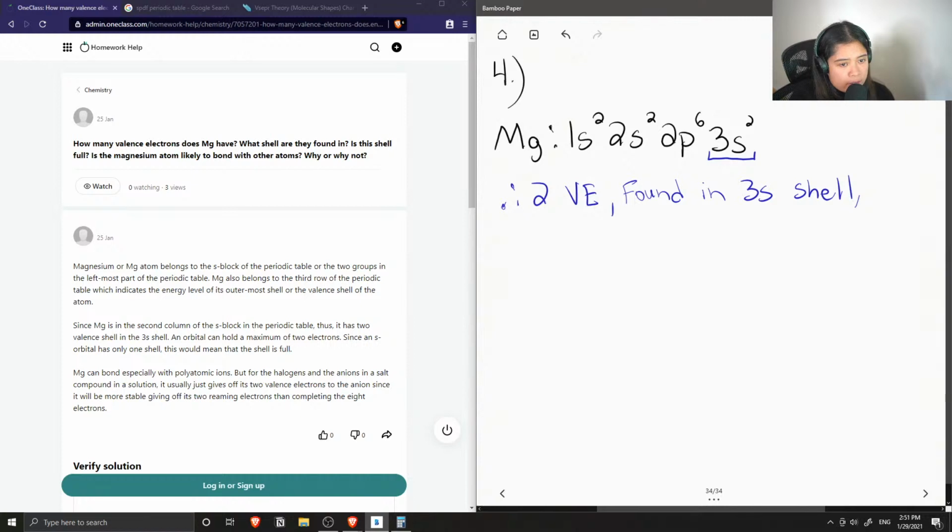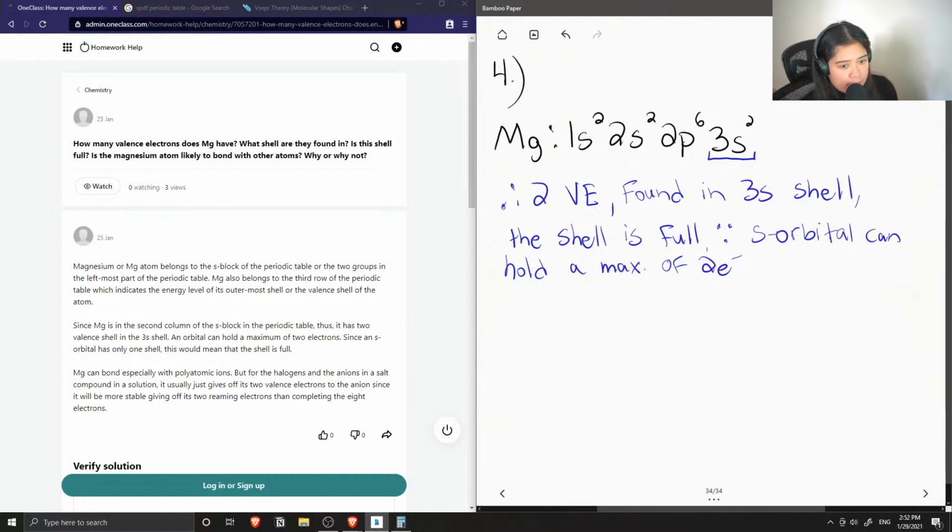The shell is full, since an s orbital can hold a max of 2 electrons.